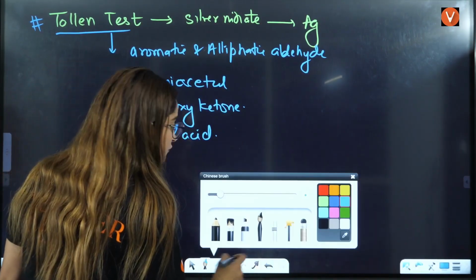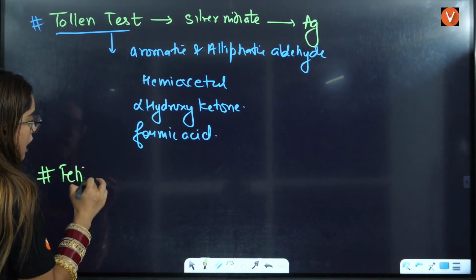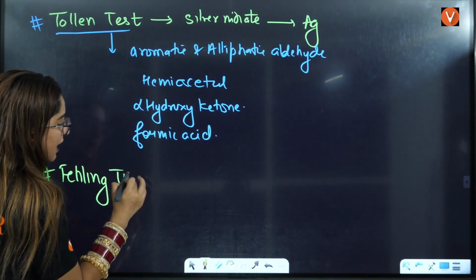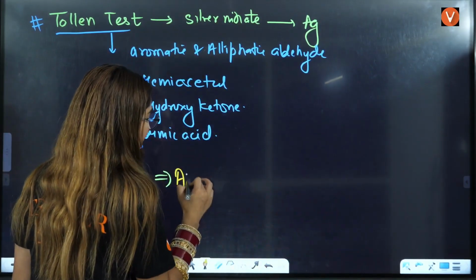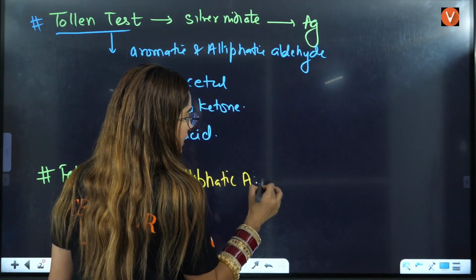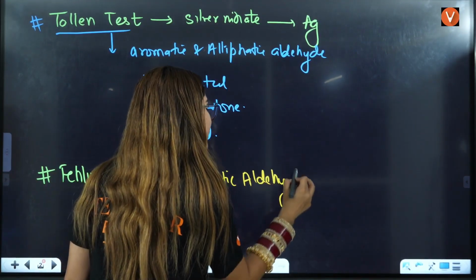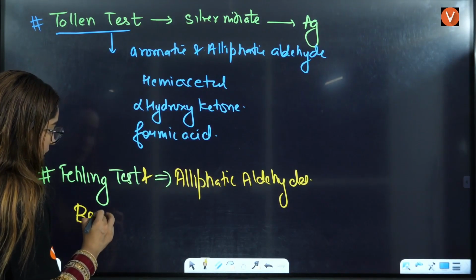Then remember that whenever we talk about Fehling test, Fehling test is given by which of the following, right? Then remember that Fehling test is given by aliphatic aldehydes. Right? Benedict test is also given by the same.